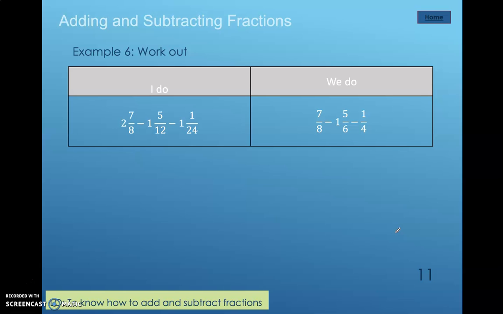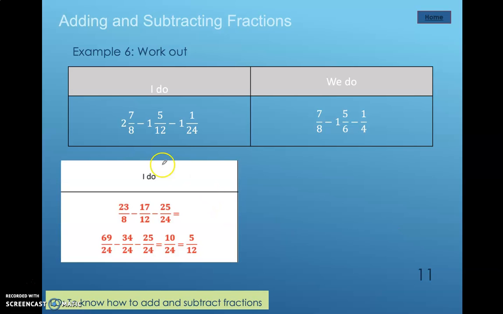Okay, so now for example 6, we're moving on to not having the same denominator. So let's give this a go. So first of all, we've turned all our fractions improper. We've got good practice doing this now, and it'll start to crop up on your retrieval tasks. So as we notice, all of our denominators now are not the same. So we need to be able to find a common denominator now.